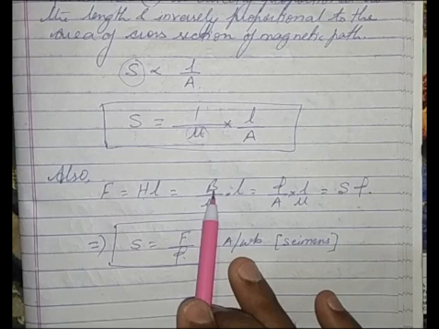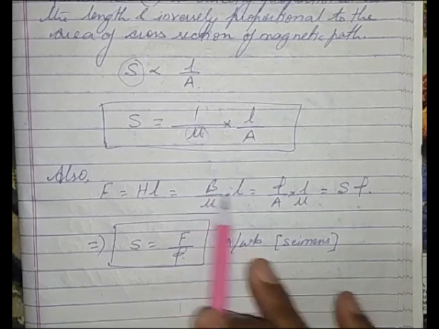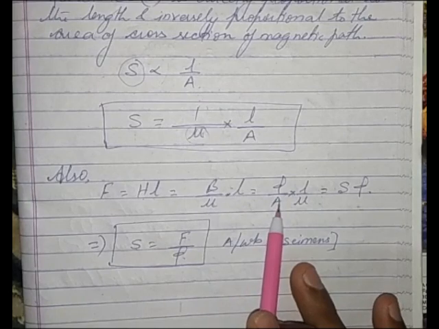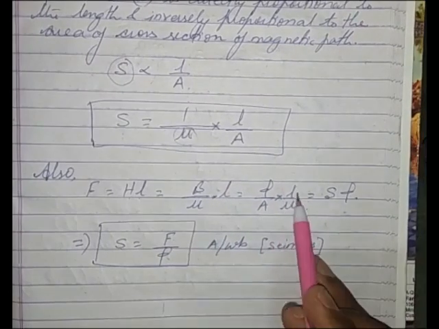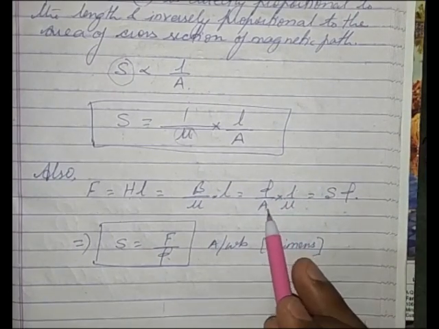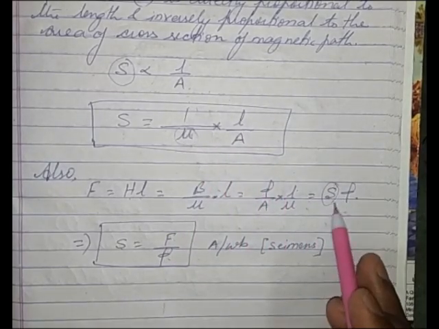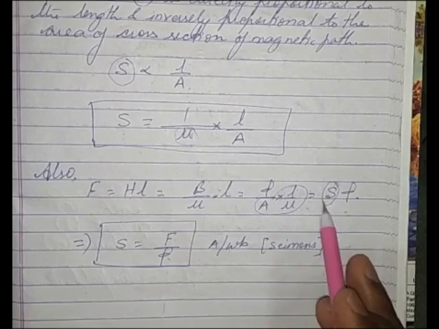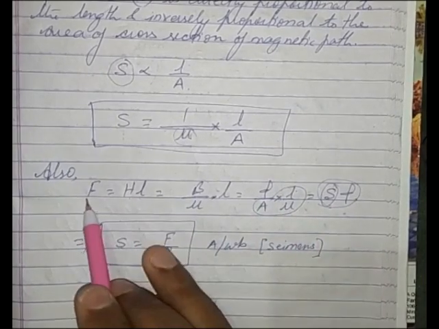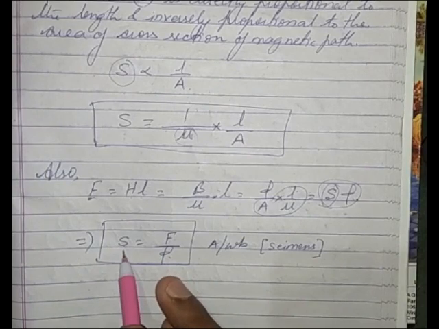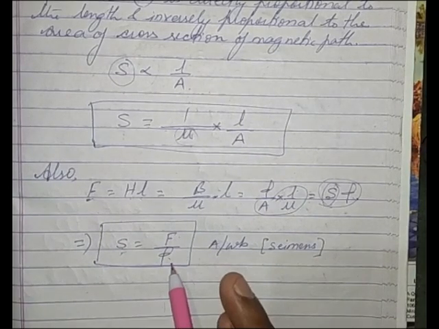And B is flux density, flux per unit area, so we put flux by area in place of B. Now L upon A into mu is S, the reluctance. So F is equal to S into phi. From here we can say S, the reluctance, is equal to MMF upon flux.